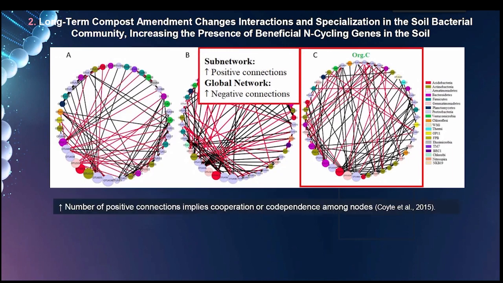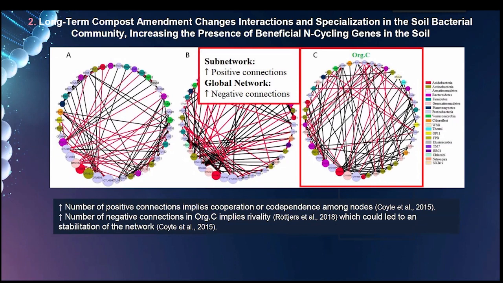The positive connections imply cooperation and codependence between nodes, between microorganisms. However, the negative connections imply rivalry, which could lead to a stabilization of the network.